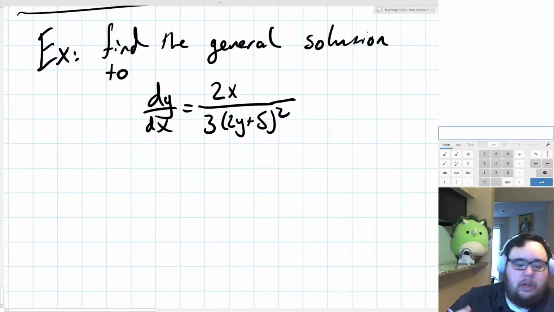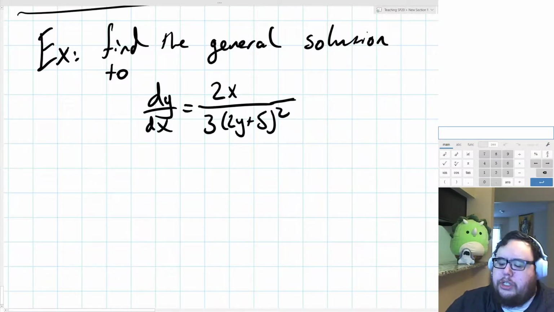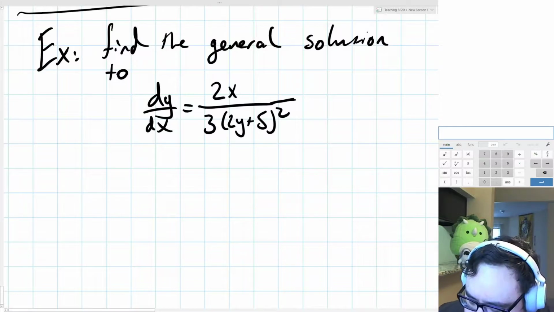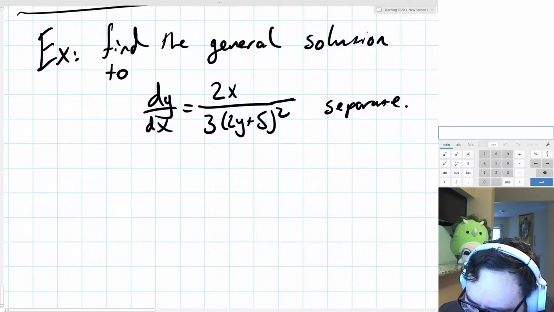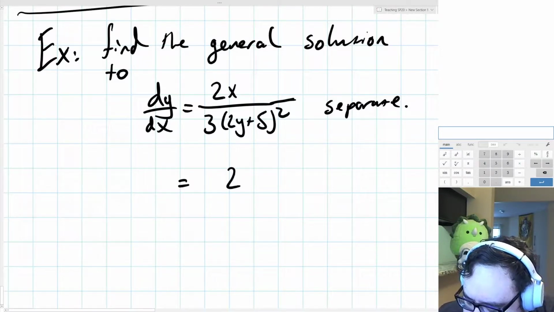So here we have something that looks a little bit more complicated than the previous cases. We're still going to be able to apply our exact same principles to solving this. We're going to separate first. So we can pull the dx over to the right to give us 2x dx.